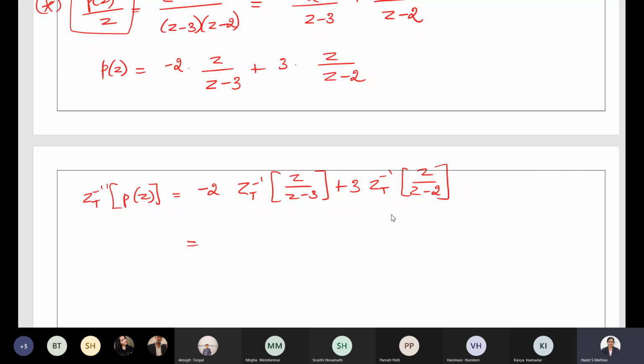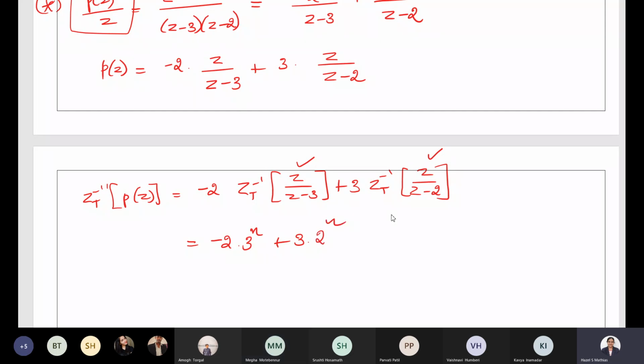So what do we get from here? Minus 2 into, what is the inverse z transform of this? 3 power n. Yes, very good. It is 3 power n plus 3 into, what is the inverse z transform of this? 2 power n.